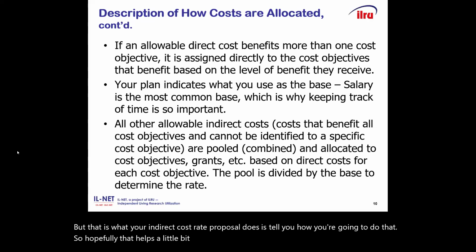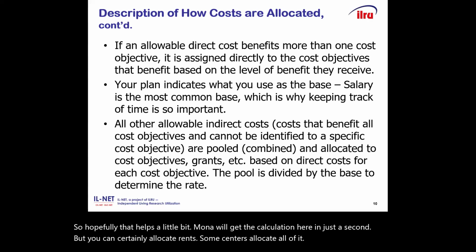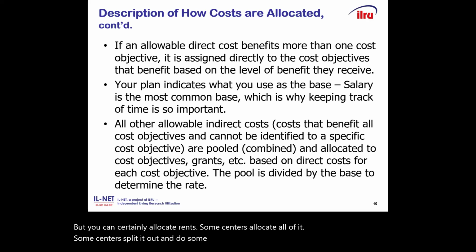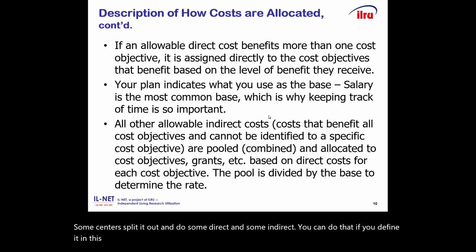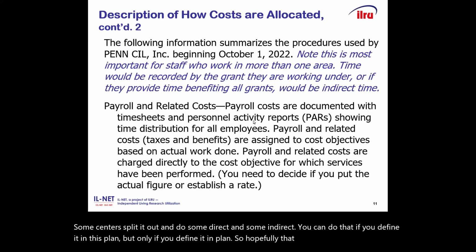Mona will get to the calculation in just a second. But you can certainly allocate rents. Some centers allocate all of it. Some centers split it out and do some direct and some indirect. You can do that if you define it in this plan, but only if you define it in the plan. So hopefully that makes sense.